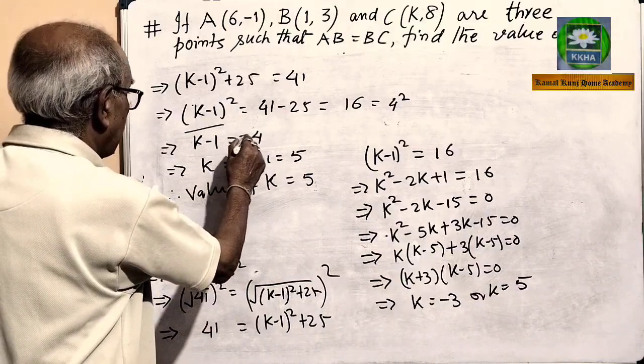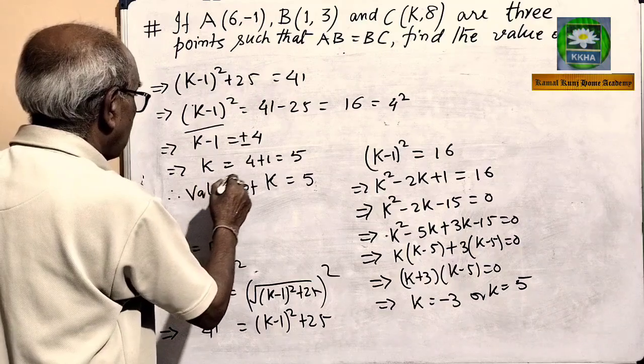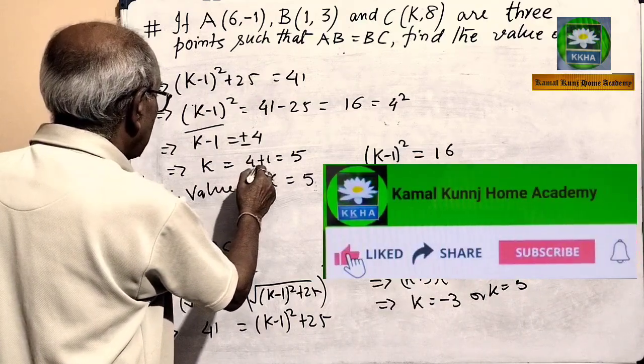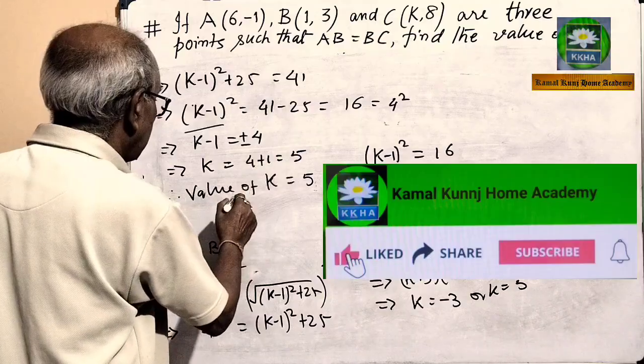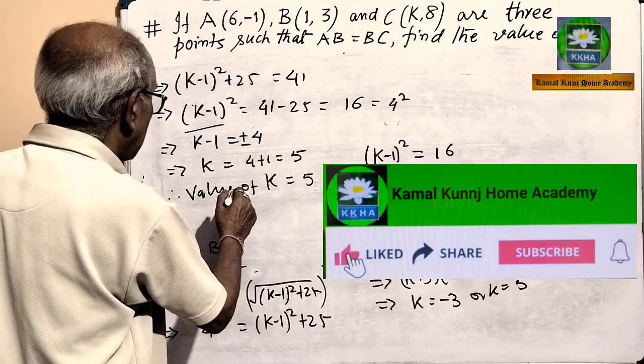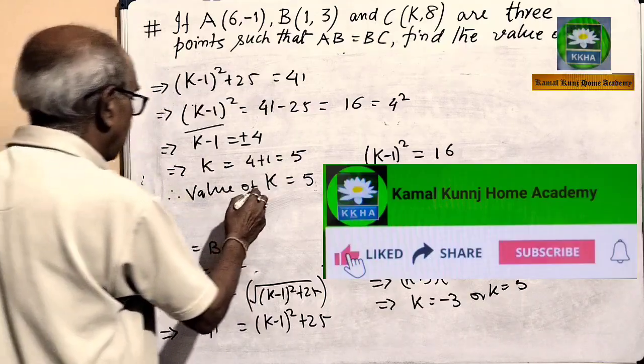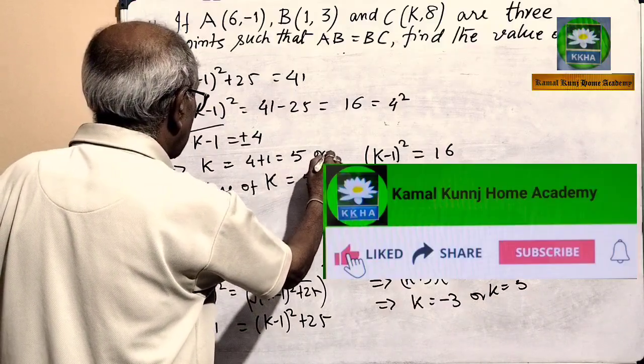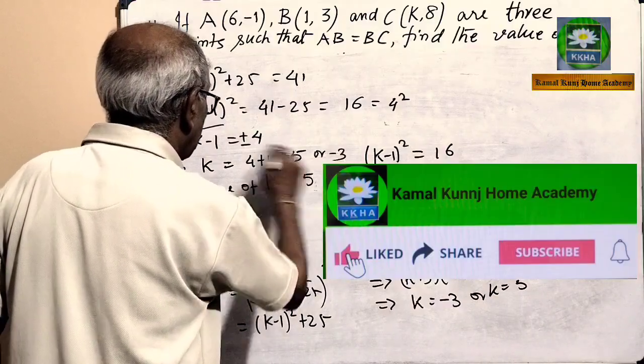So it will be plus minus 4. So it will be either K equal to 4 plus 1 equal to 5, or minus 3.